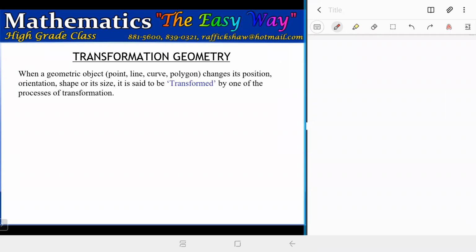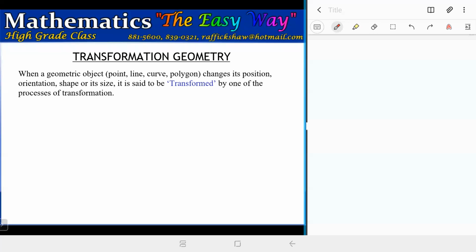When a geometric object, a point, a line, a curve, or a polygon, any geometric object, changes its position, meaning it moves from one place to another, changes its orientation, changes its shape, or changes its size, like it gets smaller or it gets larger, it is said to be transformed by one of the processes of transformation.